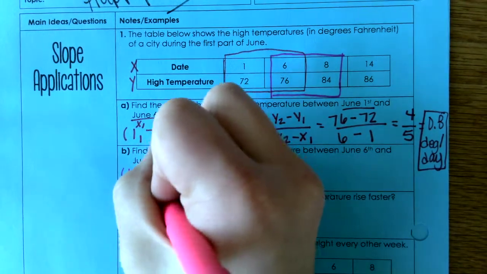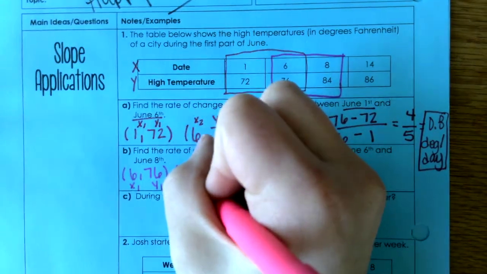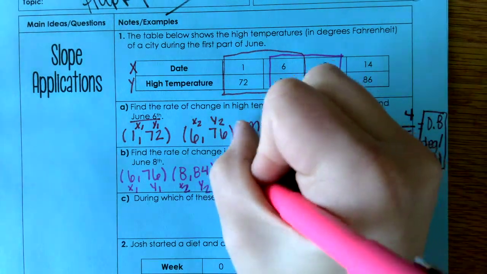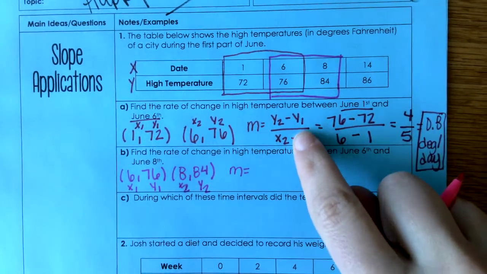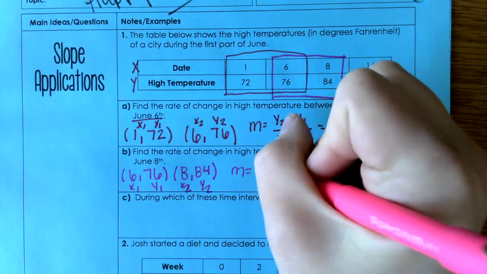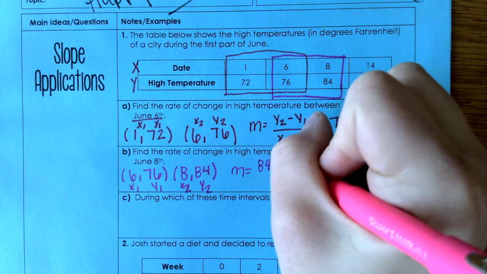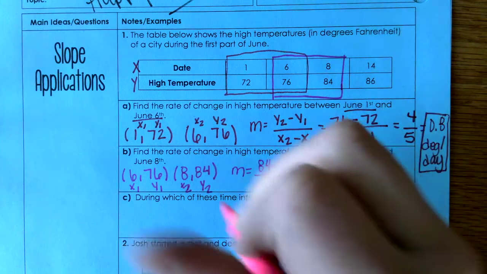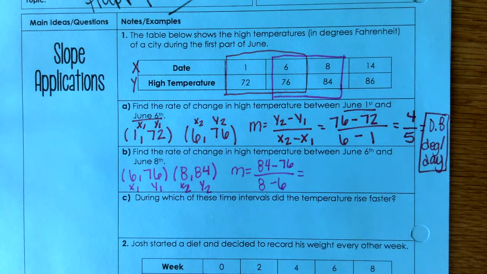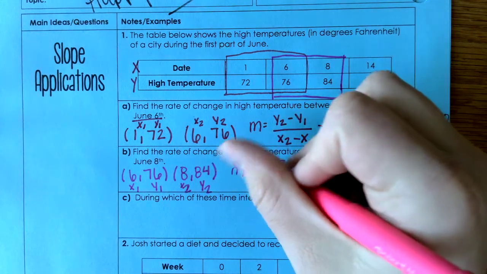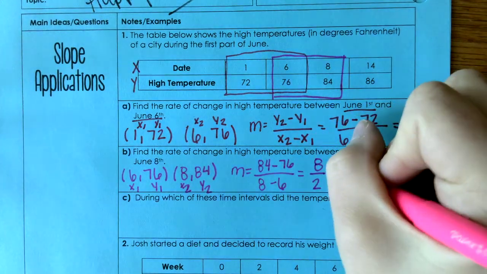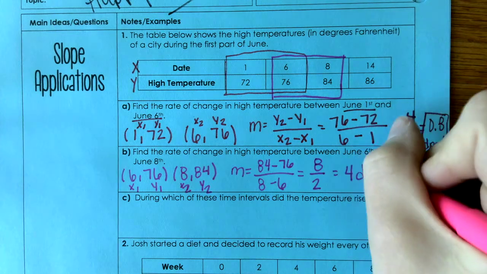Okay, so I have x1, y1, x2, y2. Now go ahead and use that slope formula that we just used here. So y2 is 84 minus y1 is 76 over 8 minus 6. So then I have 84 minus 76 is 8 over 2, and that equals 4 degrees per day.